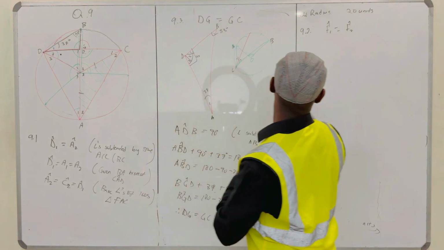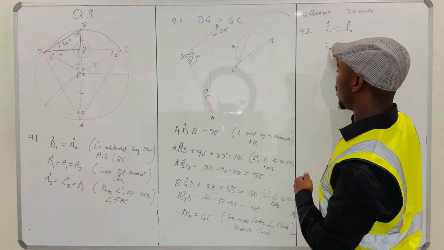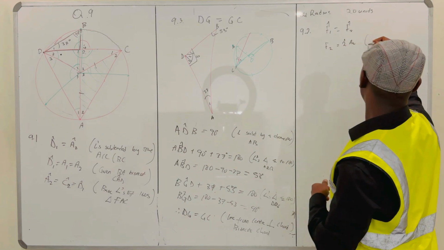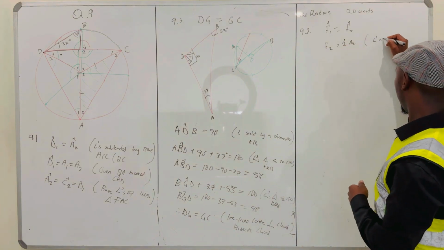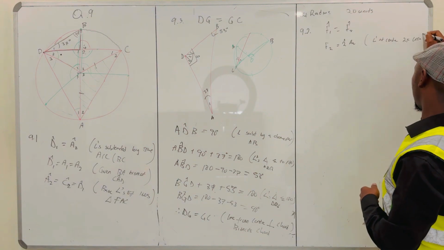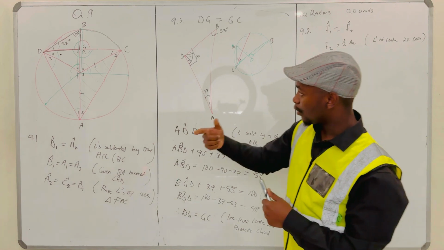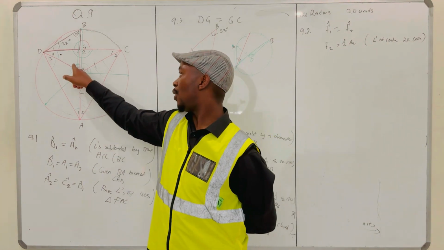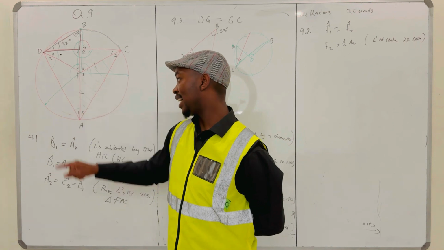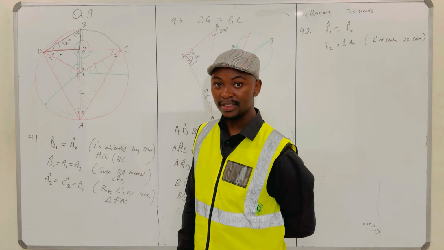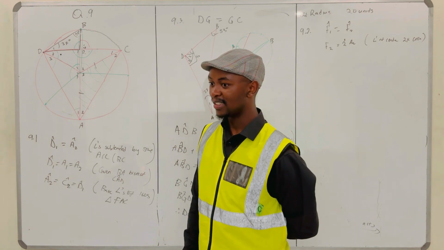So F2 should be equal to 2 times the angle A2, because angle at center is 2 times angle at circumference. The other thing is that the audience is saying F1 should be equal to twice the angle A1. And my question is, why would we say that?